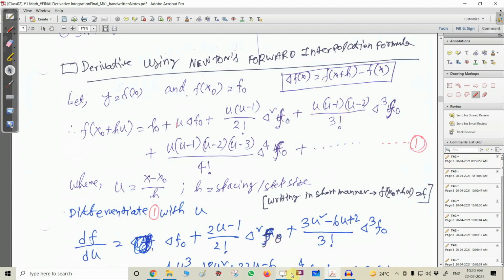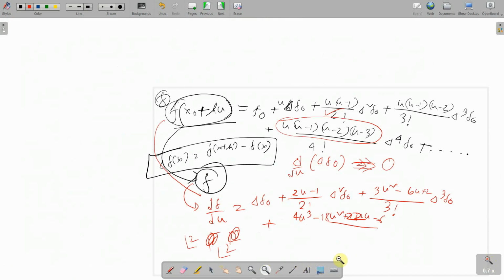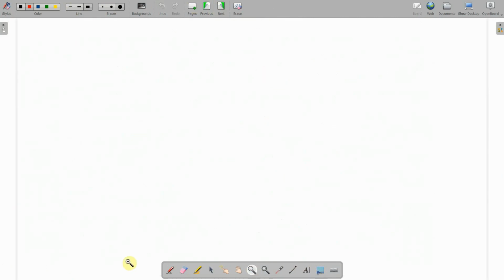There was a specific writing style to find out the delta f, and you have to follow that only. For this there is a specific writing style.